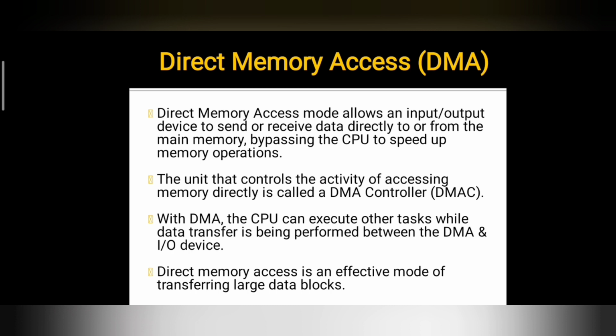So in short, you can say that the job of the CPU has now been taken over by the DMA controller. Direct memory access is a very effective mode of transferring large data blocks. My previous two techniques are not suitable for transferring large data blocks. But if you are concerned with transmitting large data blocks, definitely direct memory access is the perfect choice for that.